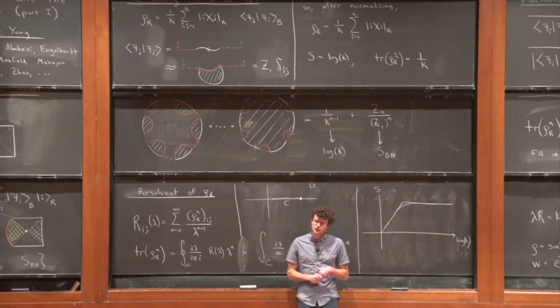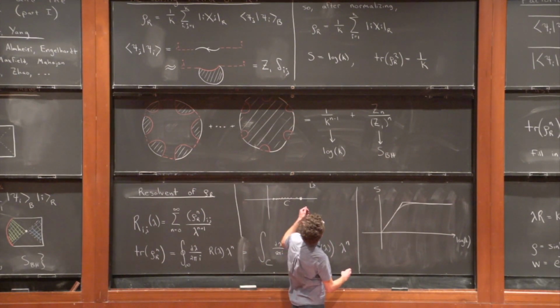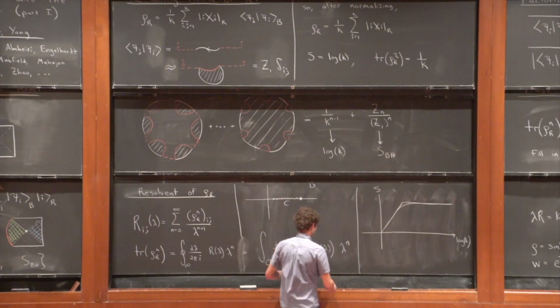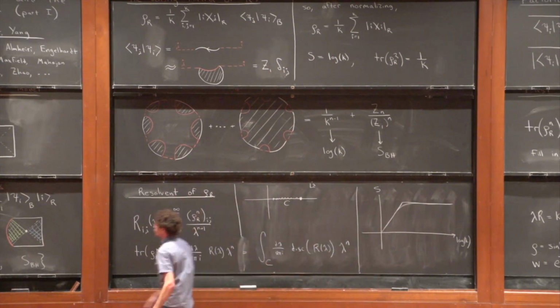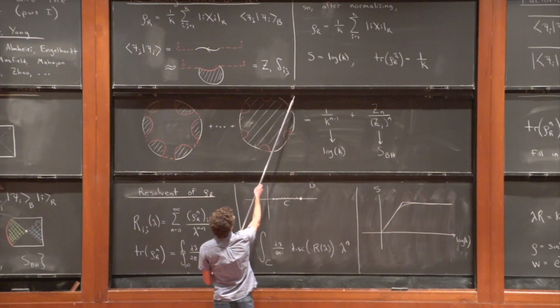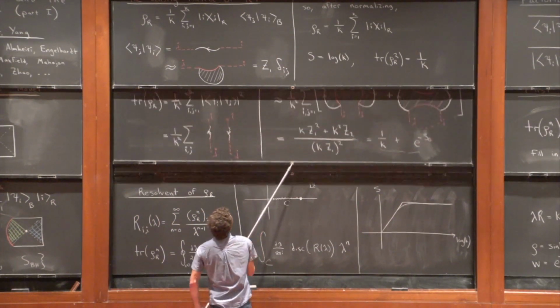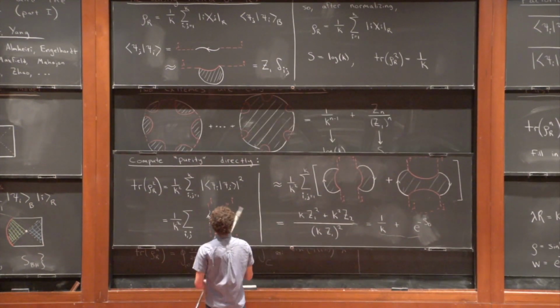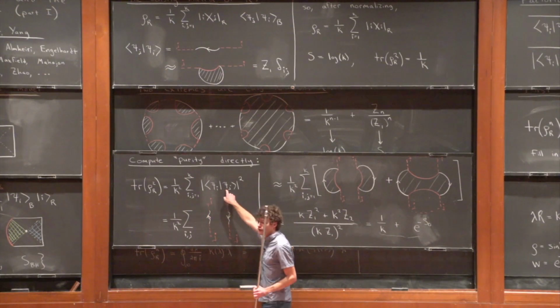That disorder average doesn't make a big difference to the von Neumann entropy, or the purity, because these quantities are self-averaging. Basically the purity is a sum of a large number of terms.